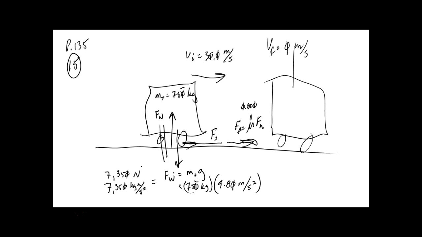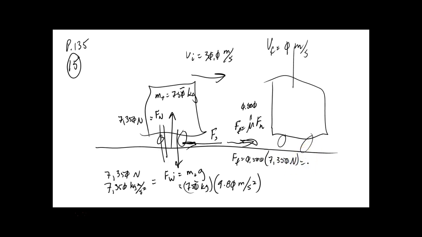That sounds reasonable. Okay? Now, that's also the normal force, 7,350 newtons, because this is a flat level road. Okay? And that's what we enter here. And now we know the force due to friction is 0.500 times that normal force, 7,350 newtons.